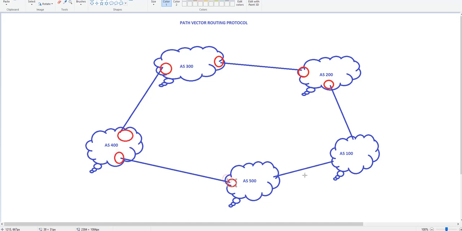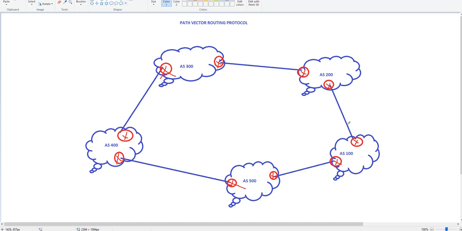The routers I have drawn inside an AS will be IBGP, and routers from two different AS will have an EBGP connection, right? So that is what we have learned. It is really tough to draw in Paint using the mouse, so just bear with me with this horrible diagram.